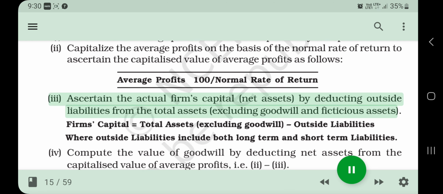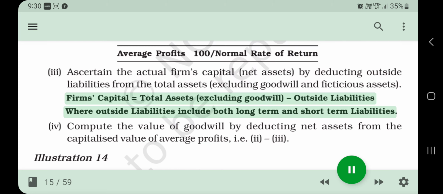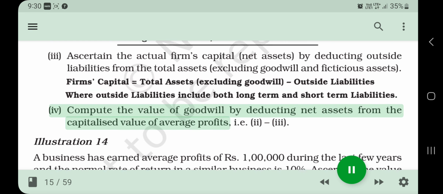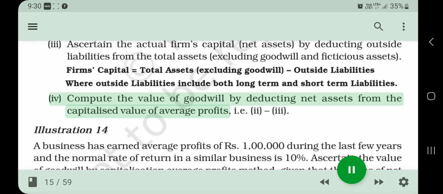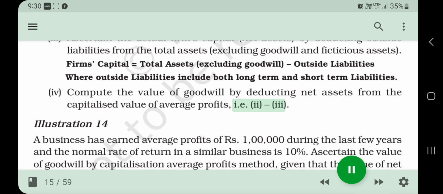Ascertain the actual firm's capital, net assets, by deducting outside liabilities from the total assets, excluding goodwill and fictitious assets. Firm's capital equals total assets, excluding goodwill, minus outside liabilities, where outside liabilities include both long-term and short-term liabilities. IV. Compute the value of goodwill by deducting net assets from the capitalized value of average profits.